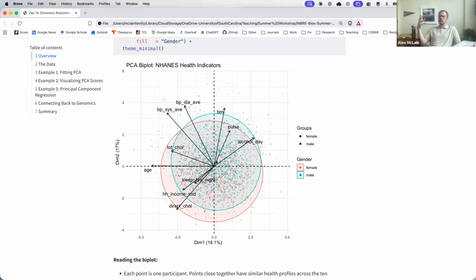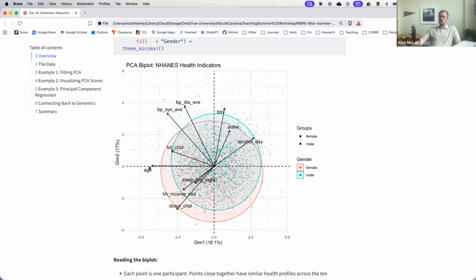So we have that individual side of the biplot, but what the biplot here shows that the previous plot did not show is the actual loadings for the variables. So we can see that alcohol has relatively high positive loading for PCA1. Diastolic blood pressure, relatively high loading for PCA2. Direct cholesterol, negative loading for both PCs.